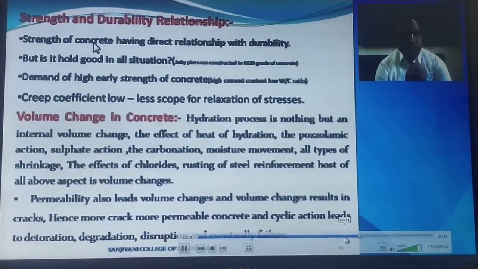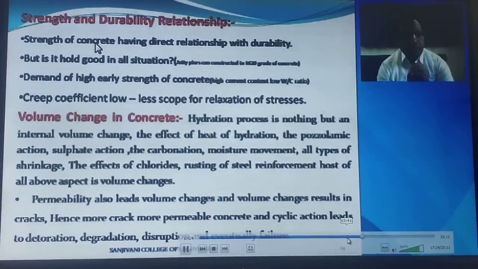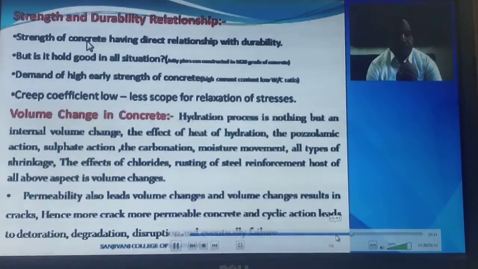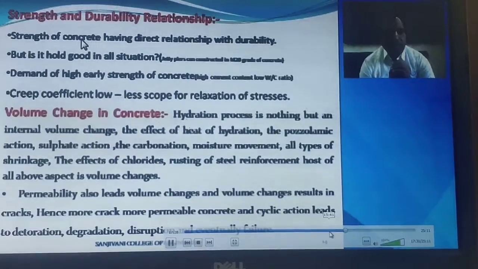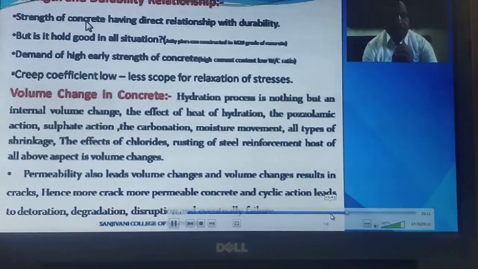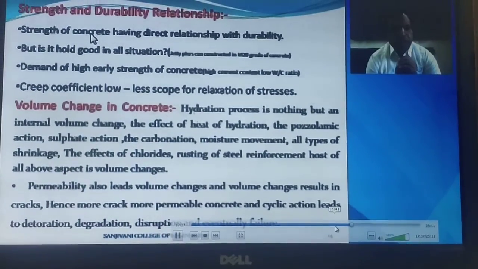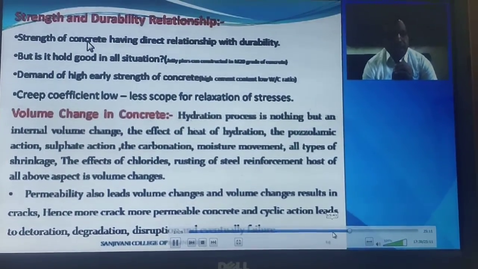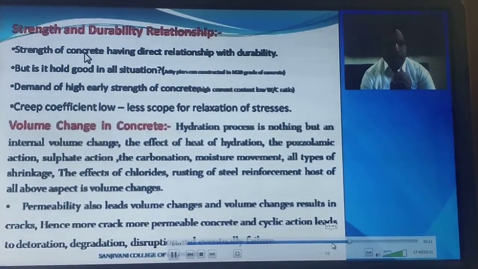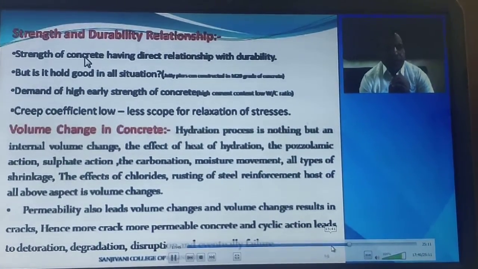So due to that, there may be chances of shrinkage cracks and thermal cracks, and due to this, durability may decrease. So special care must be taken by the addition of admixtures; we must add chloride-free admixtures. Such care has to be taken while designing such type of concrete.